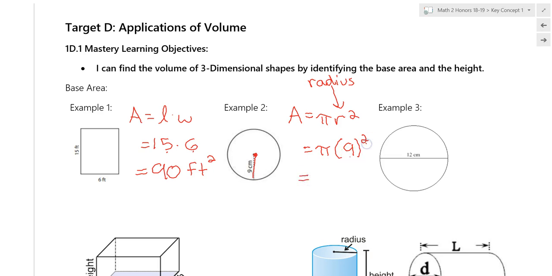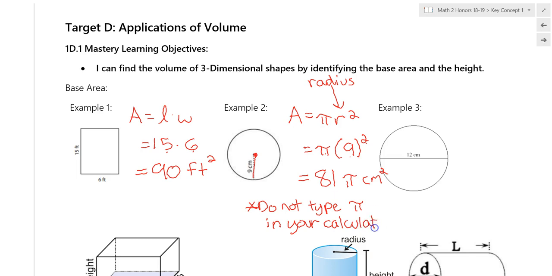So 9 squared is 81, and I keep the pi. Okay, so do not type pi into your calculator. Pi kind of acts like a variable, right? It just kind of comes down.